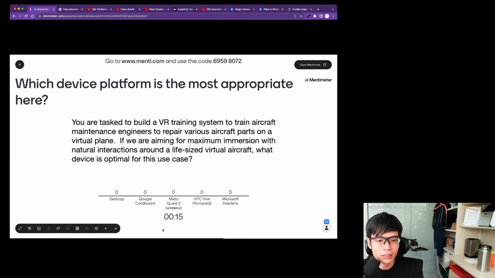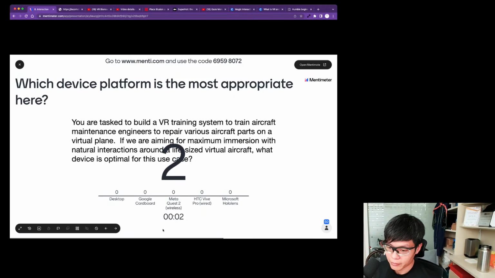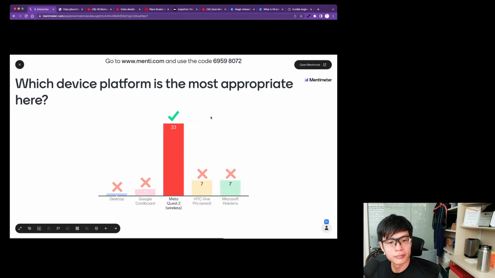They want natural interactions as far as possible around a life-size virtual aircraft. So what device is optimal? Very excellent distribution.